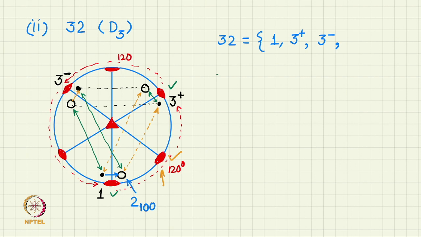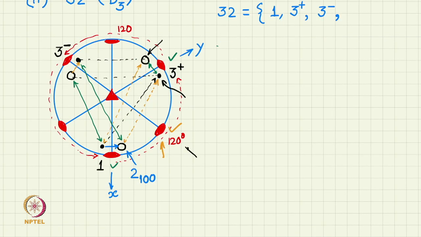Now, with respect to the threefold axis, we select x and y axes at 120 degree. So, if this is the x axis, we will have the y axis there. Now, let us relate the new points which we have generated. So, this is 2 1 0 0. What about this point now?